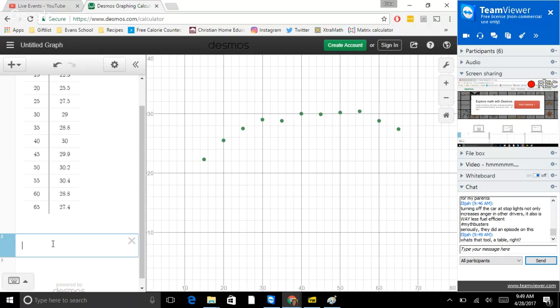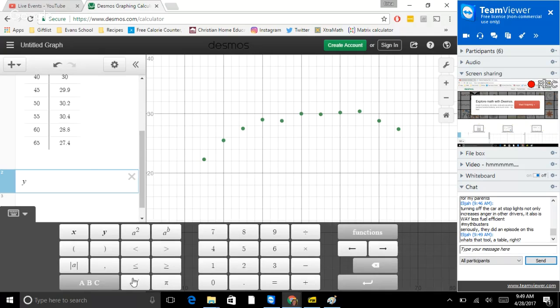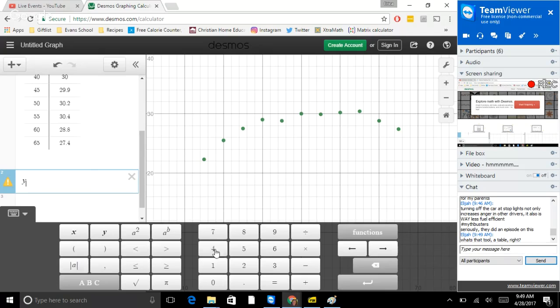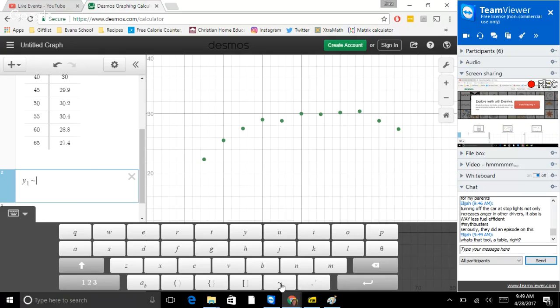So you say y sub 1, okay. It tells you this is a list. Now, instead of equals, what you want to use is this little squiggly, because the squiggly approximates your data and tries to do a best fit. If I said y sub 1 equals, it would try to come up with an exact match, like this value equals this value, but we don't have that.